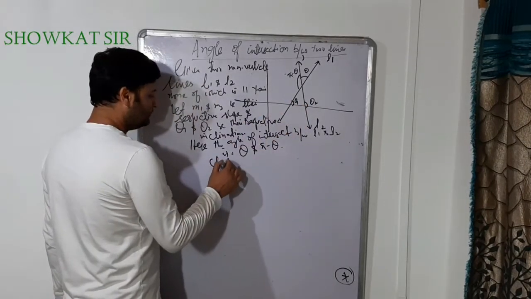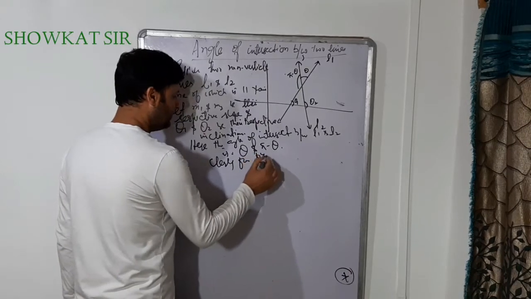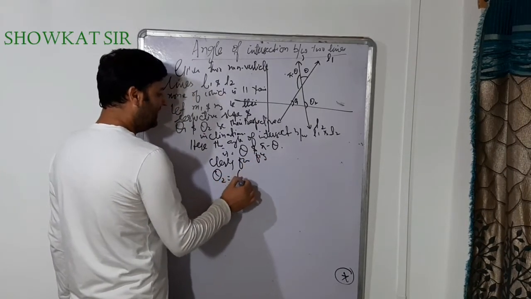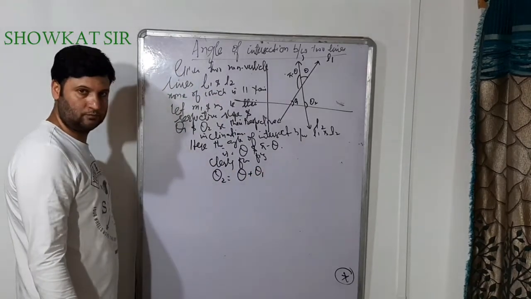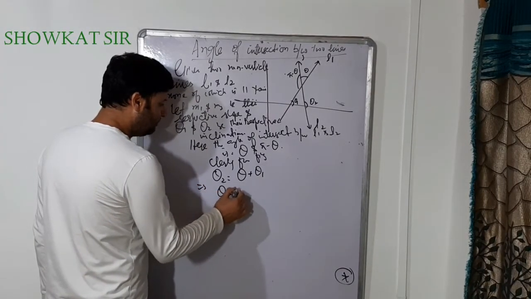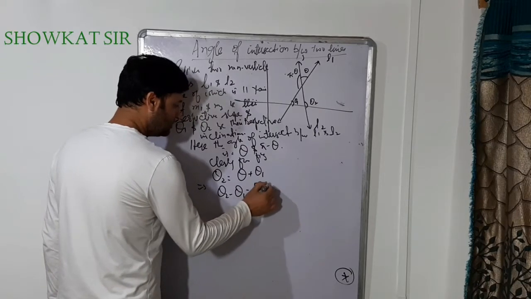Clearly, from the figure, theta 2 is equal to theta plus theta 1. This gives theta 2 minus theta 1 is equal to theta, sorry.